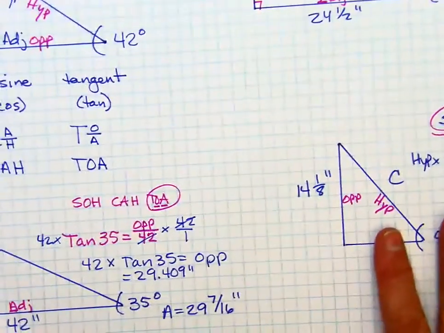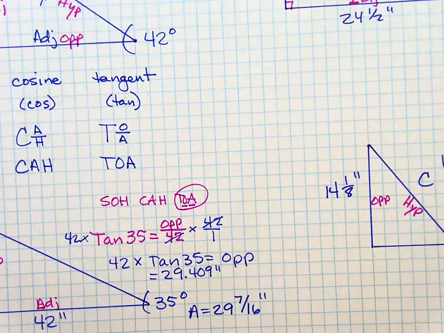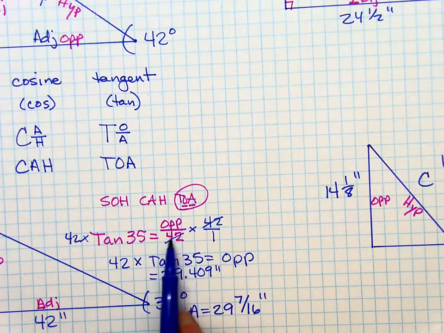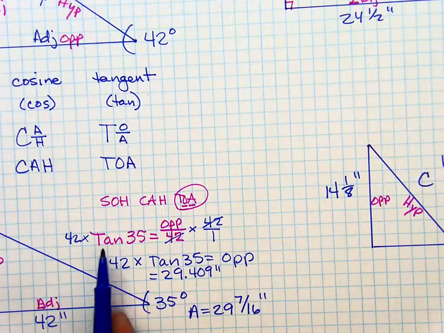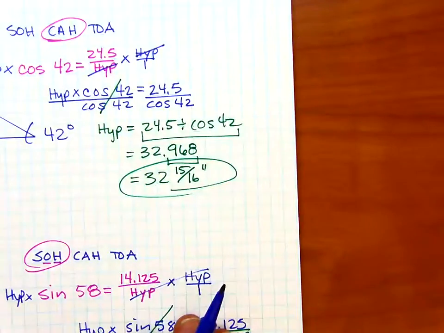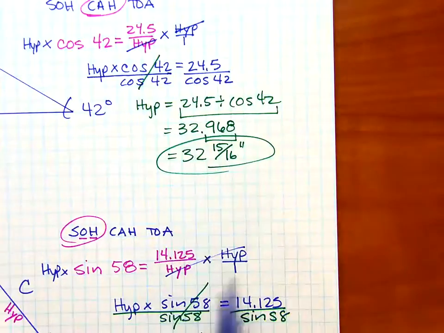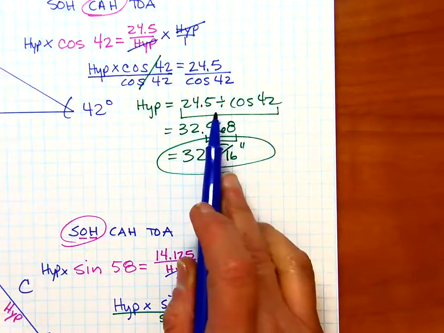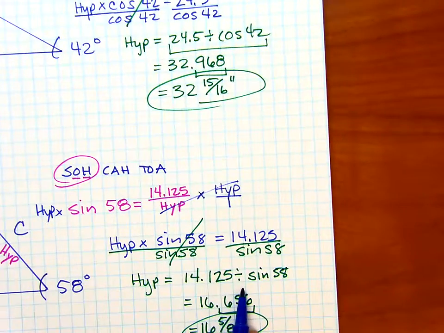In this first one, notice that it was really just a multiplication problem. If the number is in the denominator, you're just going to take that number and multiply it to your function. Whereas if the unknown is in the denominator, like here and here, then it winds up being a division problem. Okay, here it's dividing, and here you're dividing.